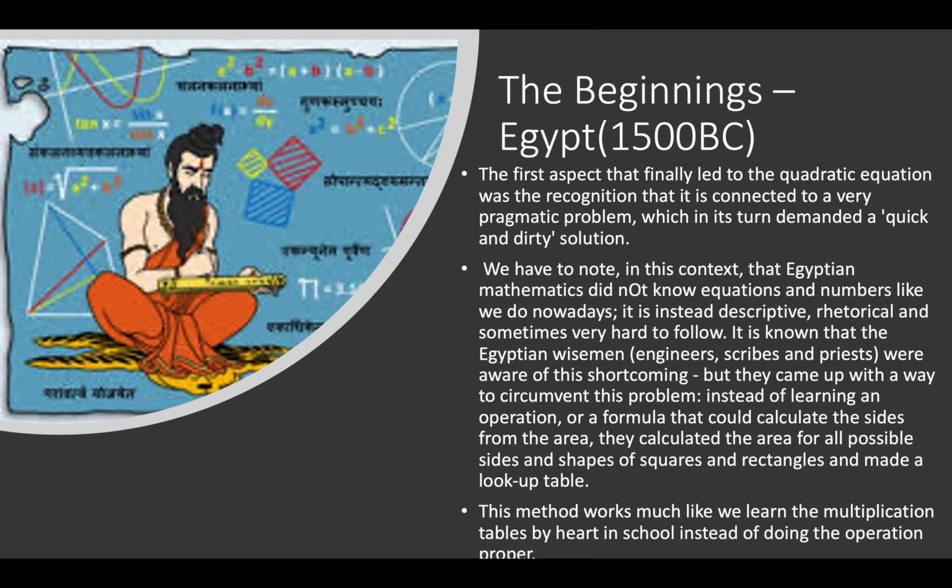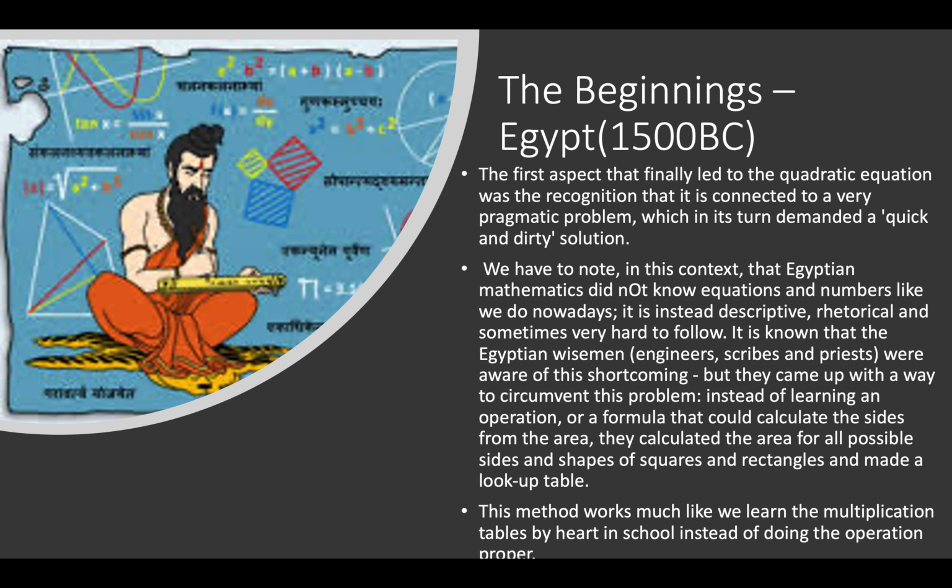We have to note in this context that Egyptian mathematics did not know equations and numbers like we know nowadays. It is instead descriptive, rhetorical, and sometimes very hard to follow. It is known that the Egyptian wise men, engineers, scribes, and priests were aware of this shortcoming, but they came up with a way to circumvent this problem.